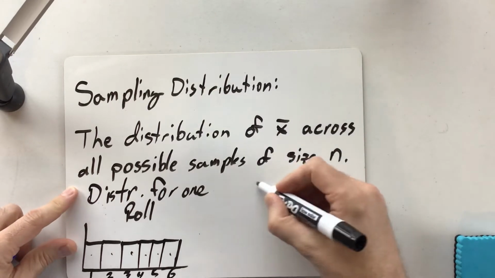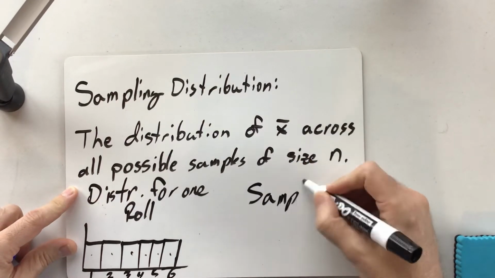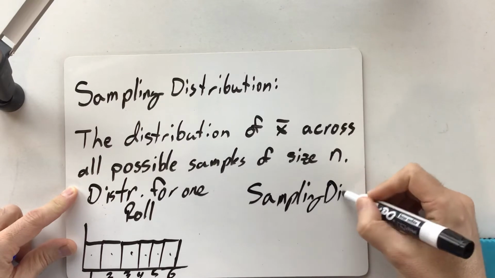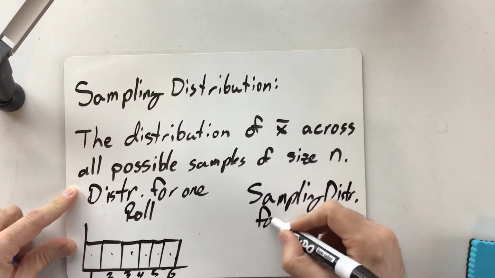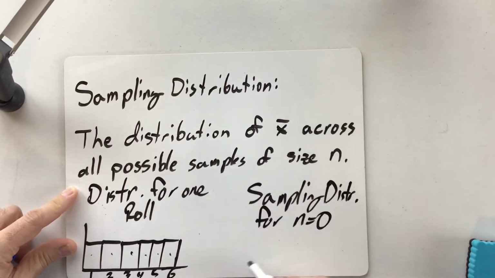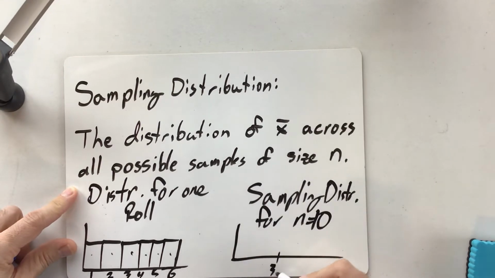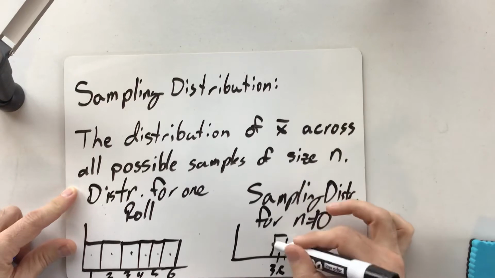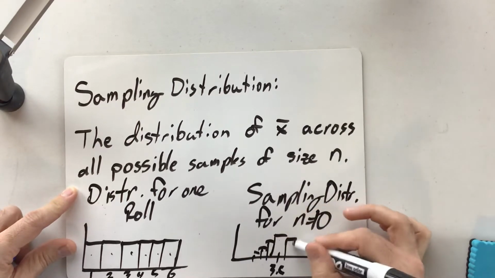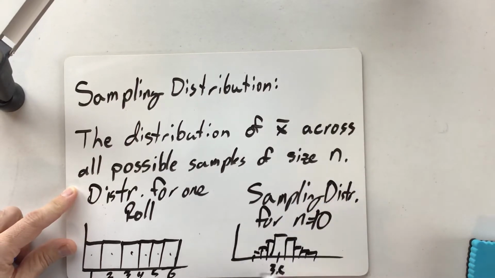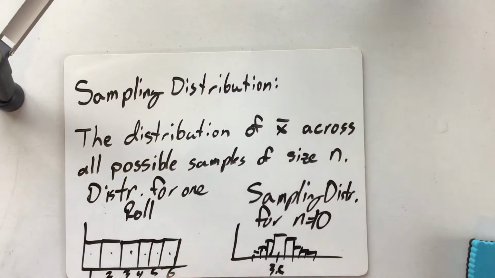But my sampling distribution for 10 rolls is going to look something like this, where 3.5 is in the middle, and most of my numbers are right there close to 3.5, and the numbers on the outside aren't really possible anymore. And so this is the idea of a sampling distribution.